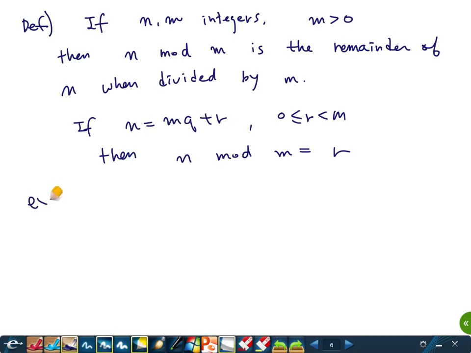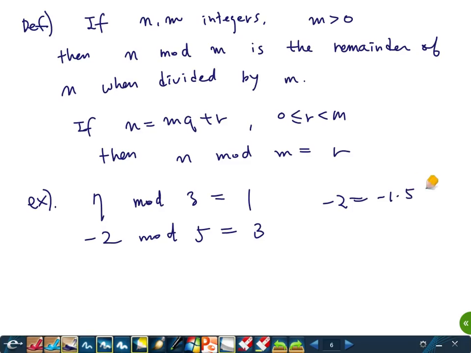So for example, 7 mod 3, what's that? 1. Minus 2 mod 5? Not minus 2, because the remainder must always be non-negative. So it's going to be 3, because minus 2 equals minus 1 times 5 plus 3, where 3 is in the right range, 0 to 5. I don't know, 2017 mod 10. What's that? 7, right?